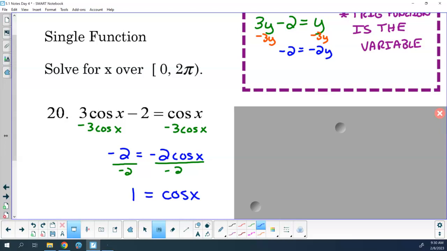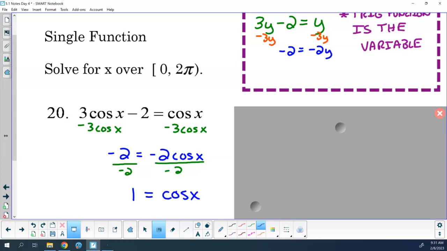Once you have your singleton trig function equal to some number, now you go to the unit circle and you ask yourself, where on the unit circle is cosine equal to 1? Okay. At 0, right? Okay. Now this would be that example that I would just reference before.